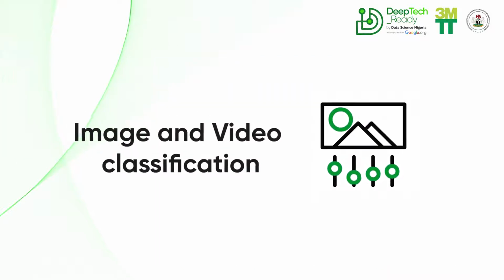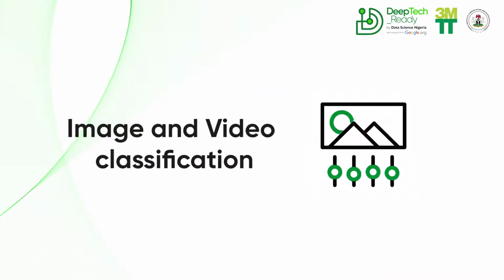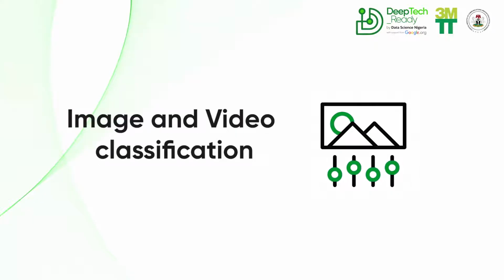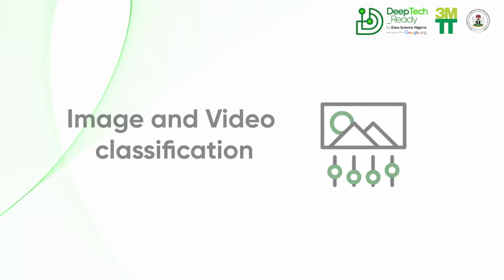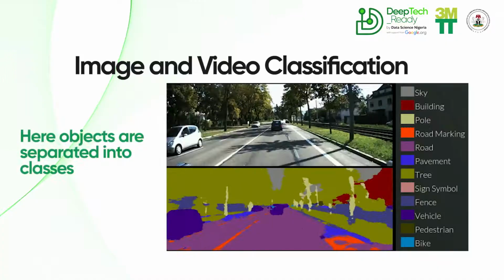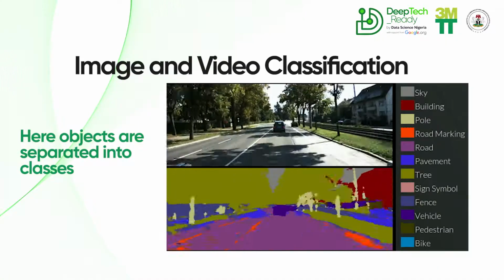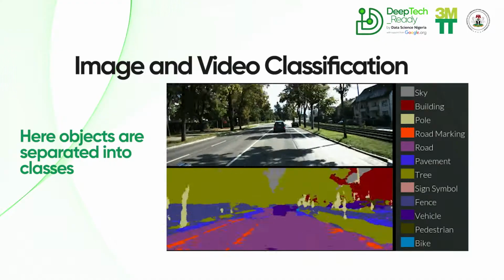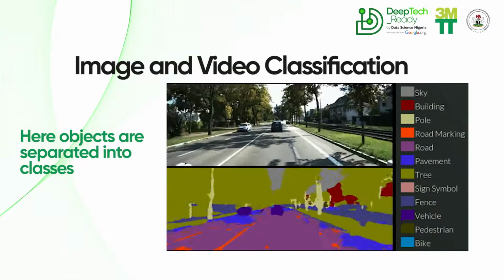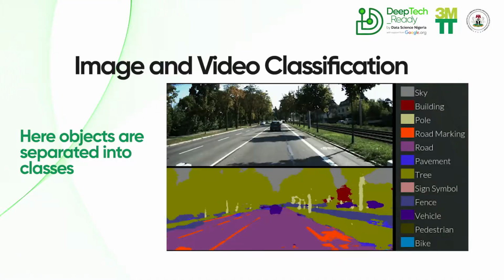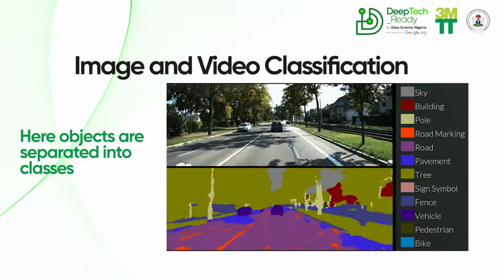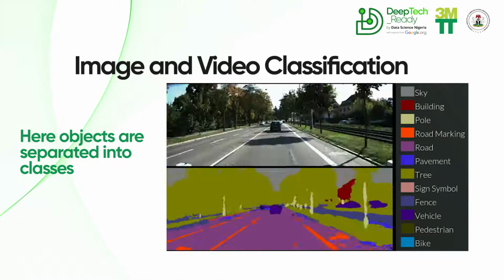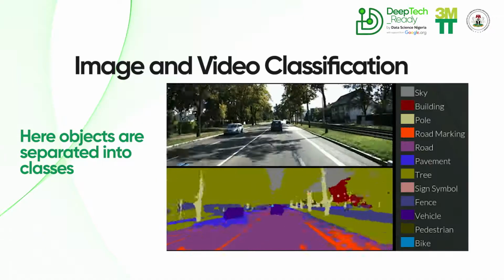Computer vision is also applicable to image and video classification. This is an aspect of computer vision that deals with how you separate objects into classes. As you can see, there are other cars that were passing. Hence, you need to be able to categorize or separate the objects of the car from the road.